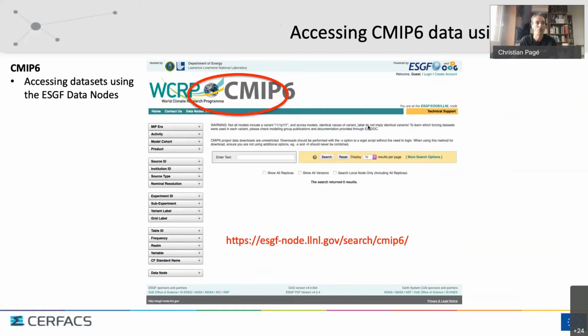It's more complex because you need some guidance, and if you are not an expert, it's difficult to use. But I have put here a screenshot and a URL where you can access it. This is one data node located in the US, but you have other ones located also in Europe that you can get access to.